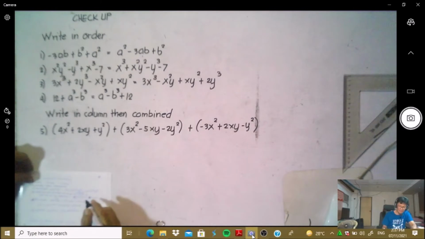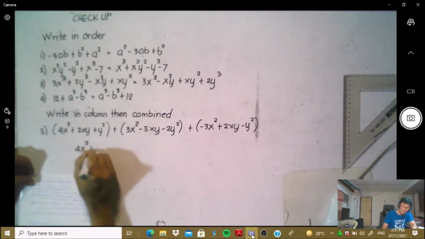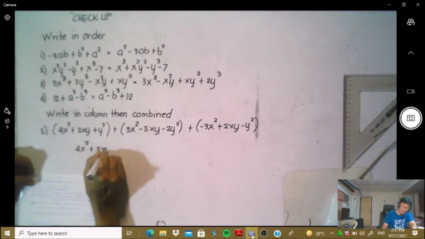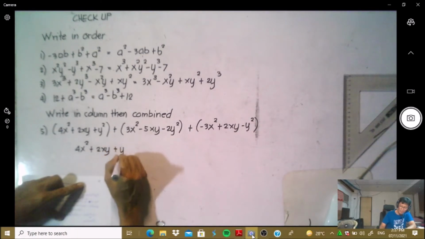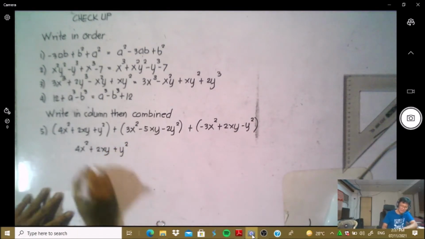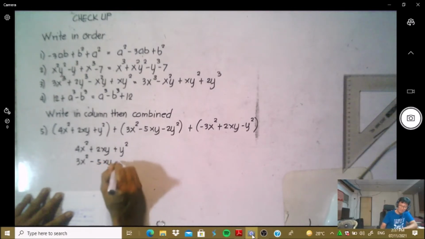Then let's add. So we have 4x squared plus 2xy plus y squared. Then next we have 3x squared minus 5xy minus 2y squared.